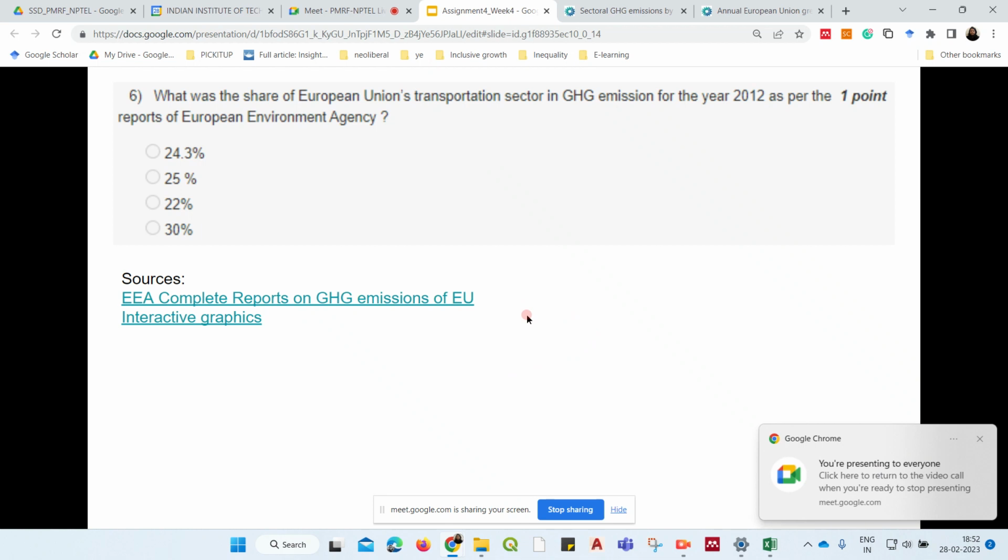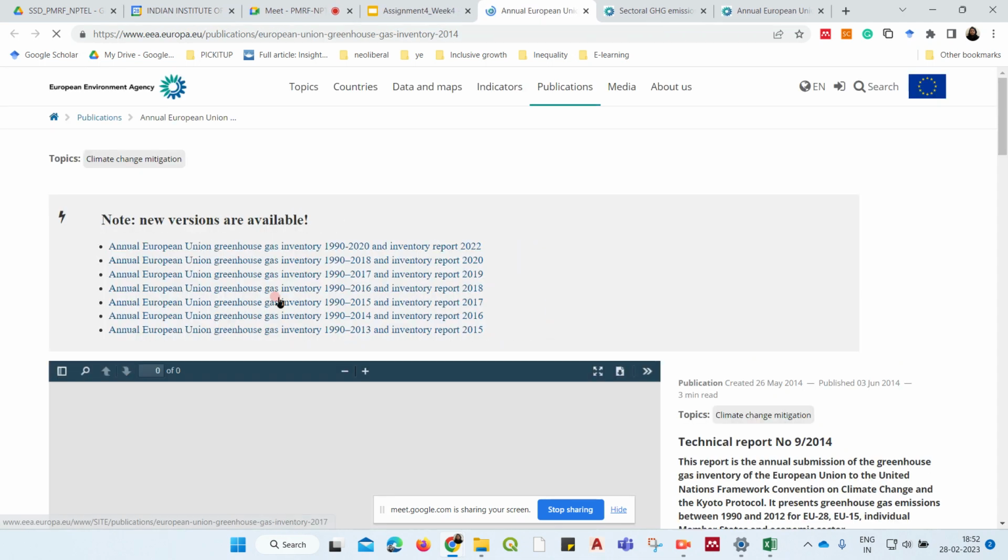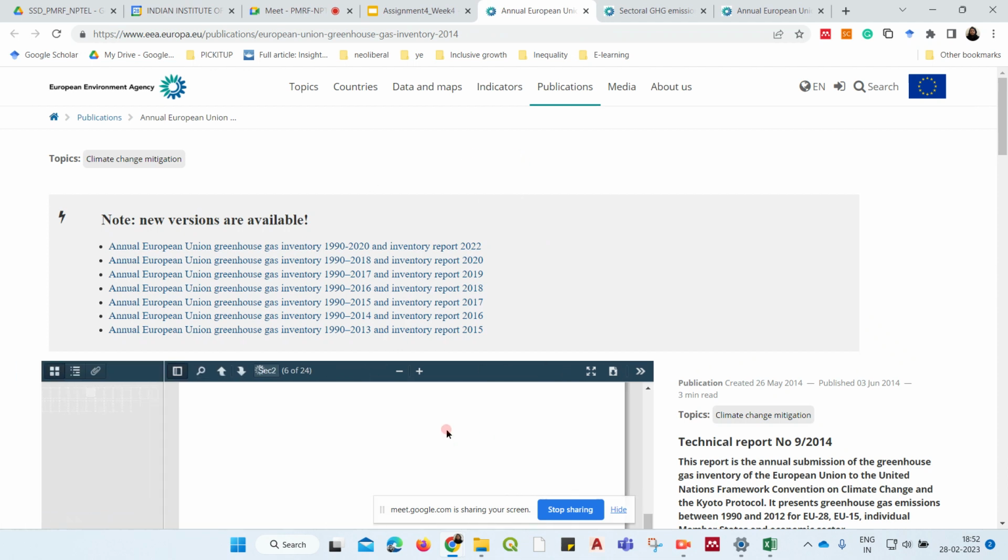So what this question is asking is the share of EU's transportation sector in GHG emission for the year 2012 as per reports of European Environment Agency. So I have provided you the links to the reports of European Environment Agency. You can click on this link and go to the particular report.